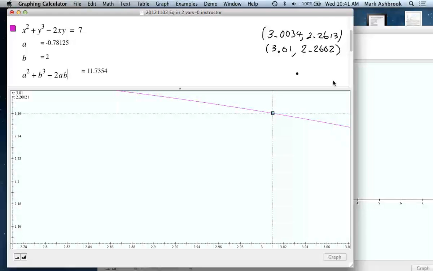So there's 2 points on the graph. So estimate the rate of change.